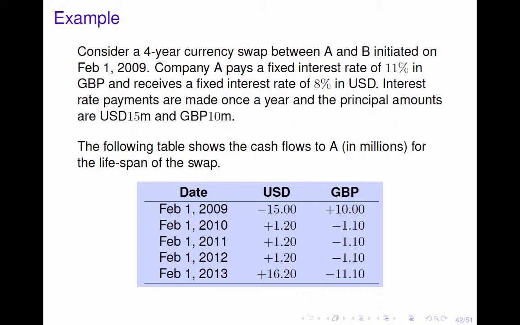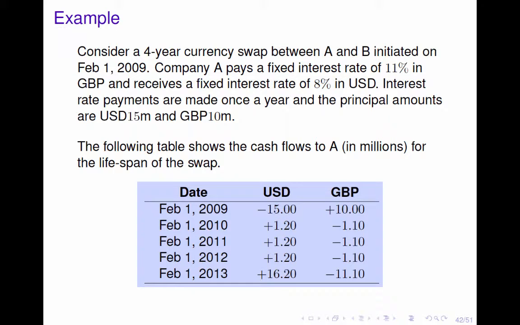Since A pays 11% interest rate on 10 million Great British Pound and receives 8% interest rate on 15 million US dollars, it has a cash outflow of 1.1 million Great British Pound and a cash inflow of 1.2 million US dollars.